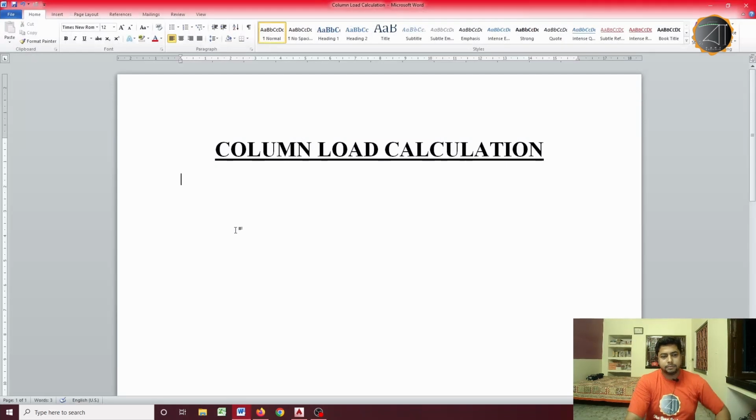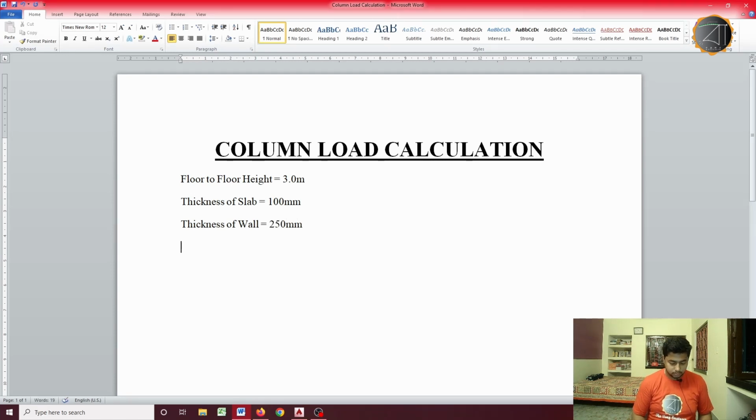So, this basic data I am writing. These are the basic data which are required for the calculation of the loads.